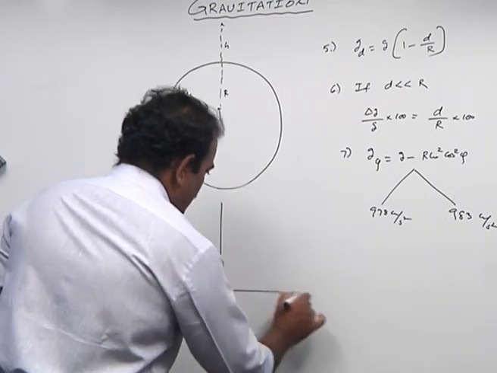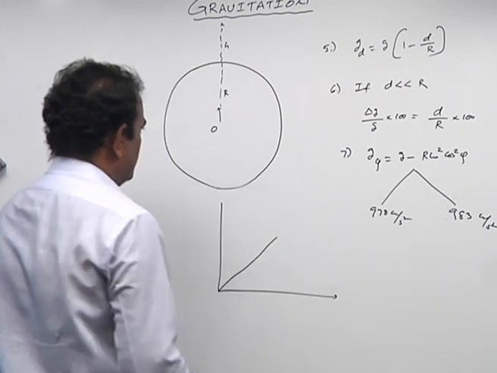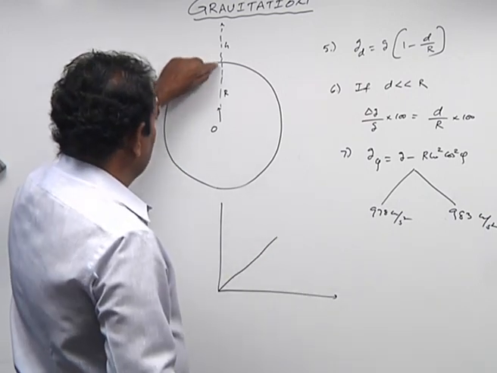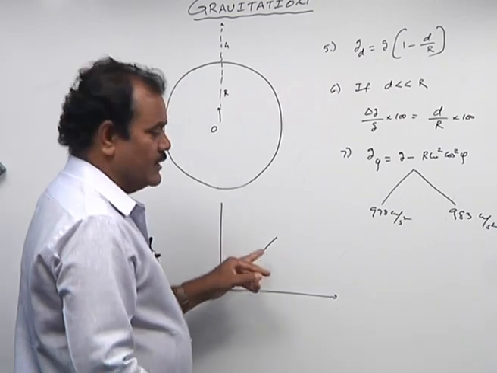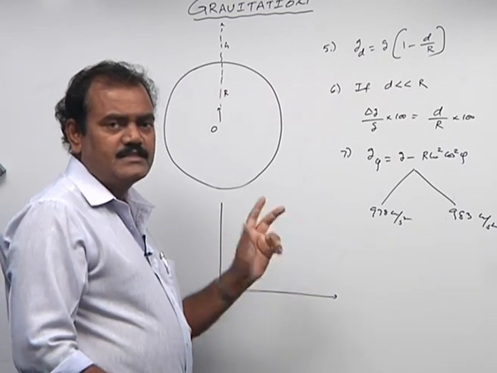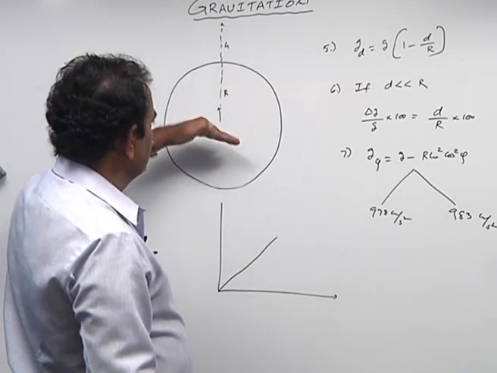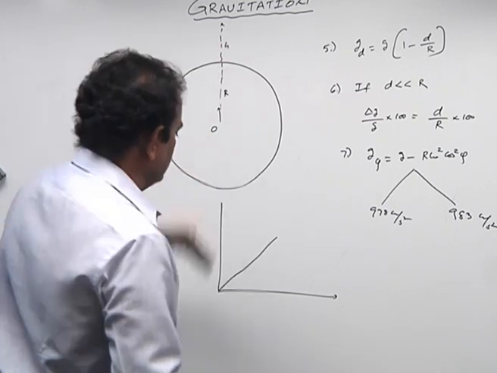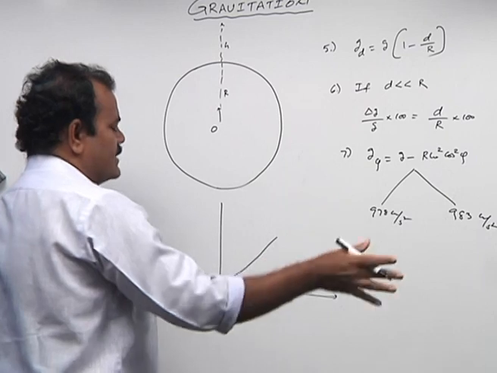When you are moving up towards the surface, small g is directly proportional, in a linear relation, with the distance which is measured from the center of earth, not from the surface of earth. So here it is a linear relation, and at the surface it becomes a maximum.